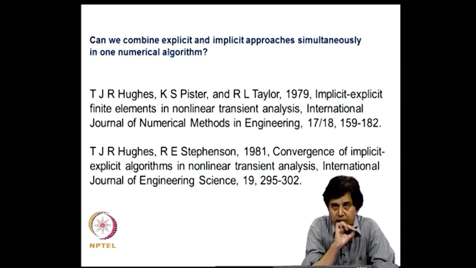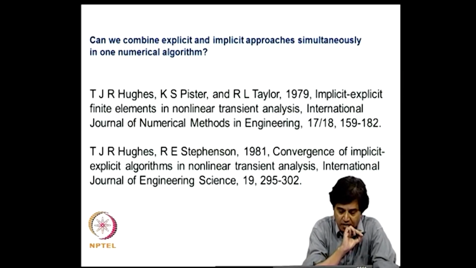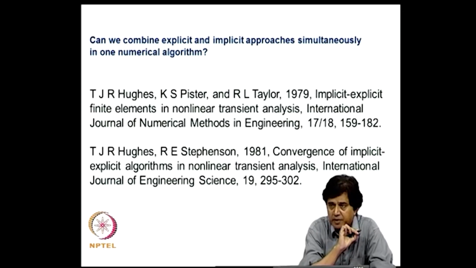Now, we have talked about explicit and implicit schemes. Implicit schemes permit you to use larger step size, but at every time step you have to solve nonlinear algebraic equations. For explicit schemes, there is no need to solve nonlinear algebraic equations, but they require small step size. Now, the question is, can we combine explicit and implicit approaches simultaneously in one numerical algorithm?